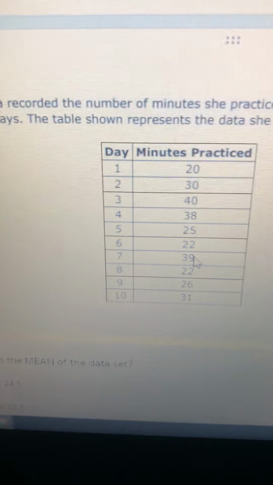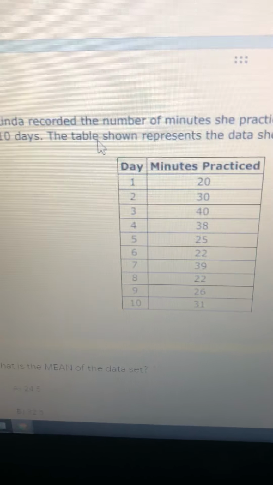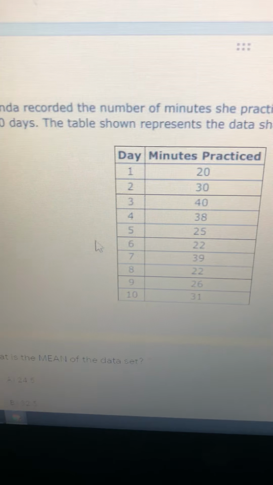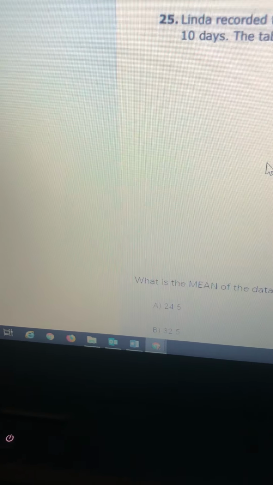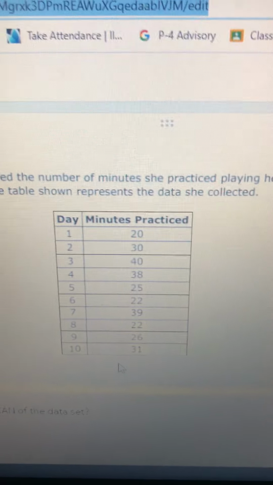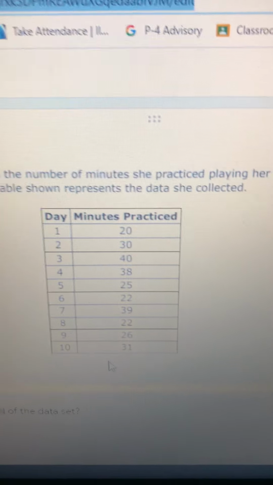All right, listen. I'm not going to do the math on this. I'm going to just remind you guys of what you have to do, because you have to do the math, right? The question says, what is the mean of the data set? Remember we talked about that a few weeks ago? We drilled on that. Mean is the average.